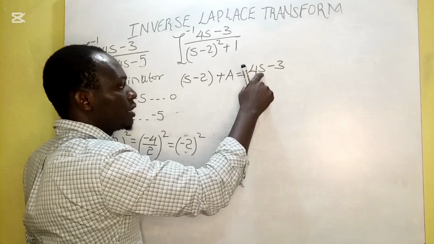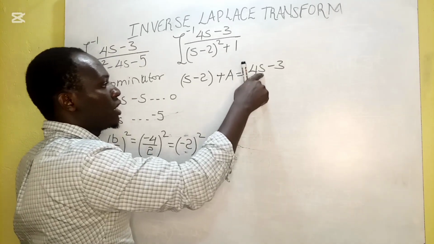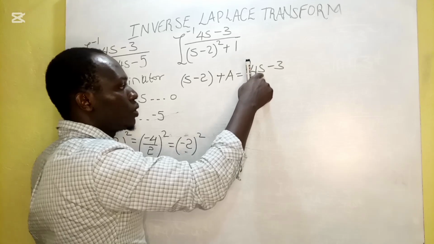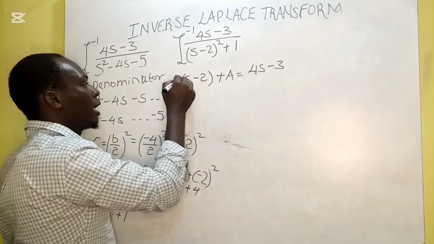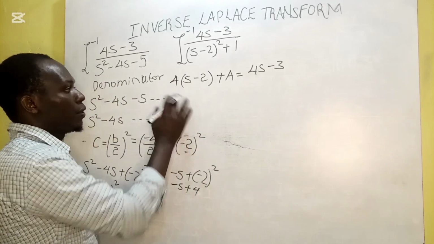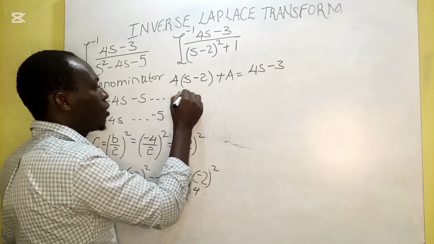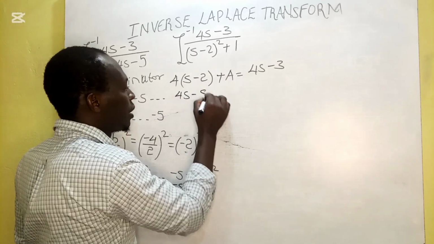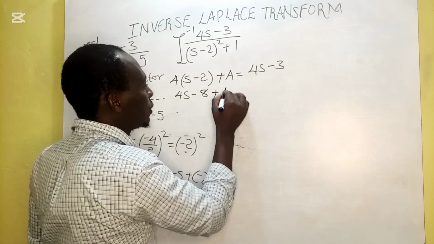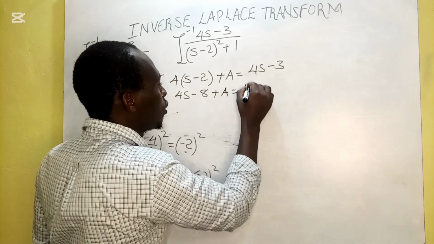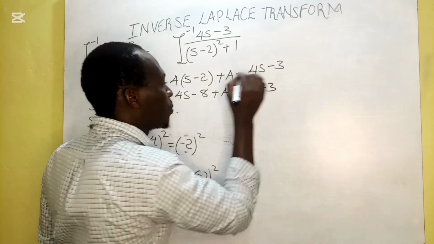When we check at the coefficient of s here, it is equal to 4, to mean that we come and introduce here 4. Let us now get the value of a. We are going to have 4s we subtract 8. We add a, everything is equal to 4s we subtract 3.